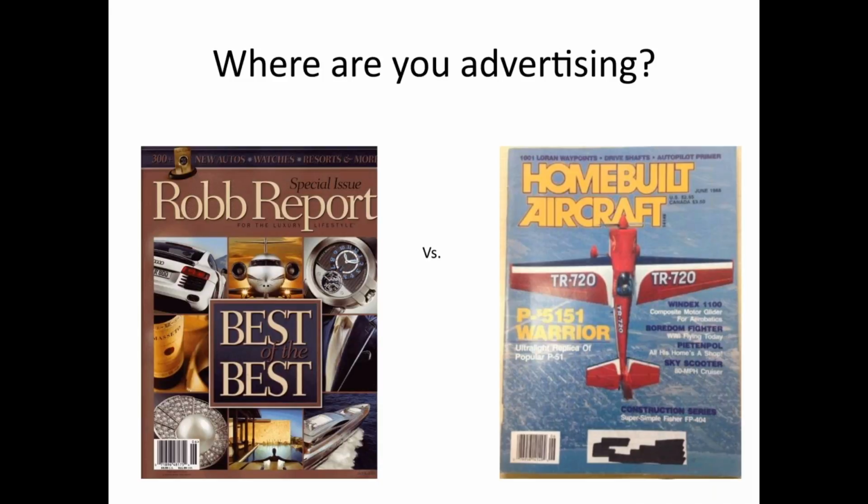Which is not to say that people who build home-built aircraft are not multimillionaires. There probably are some. But you're not going to find data on the Falcon 50EX, as an example, in the Home-Built Aircraft magazine, whereas the Robb Report will actually go into nauseating detail about those kinds of aircraft.